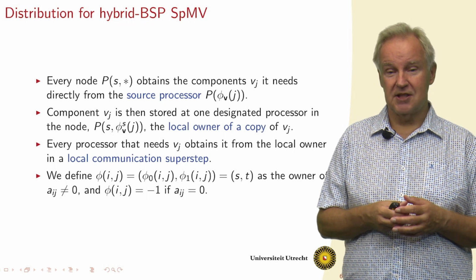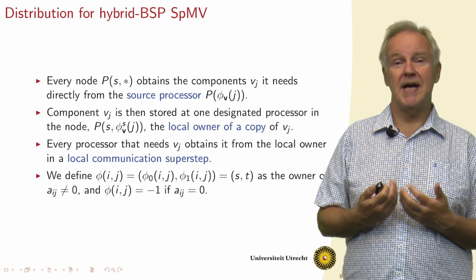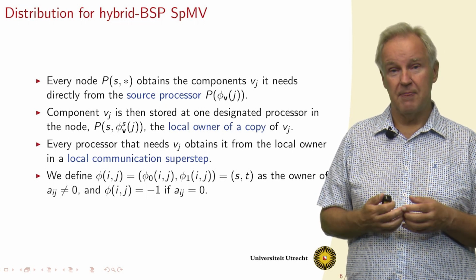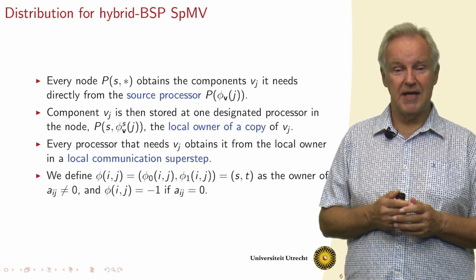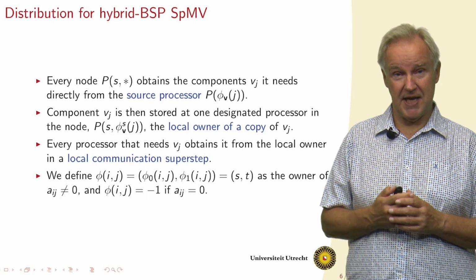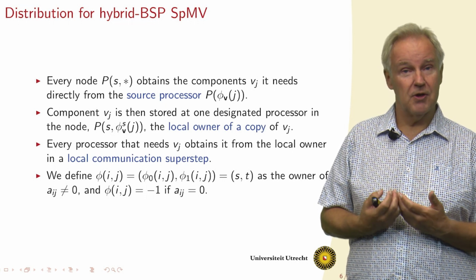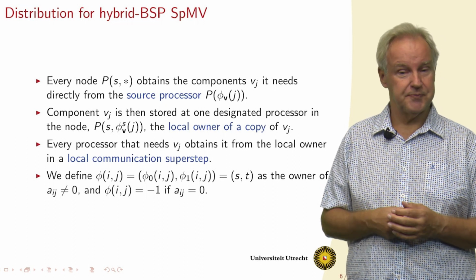So it gets it from the source, and then it stores it at one designated core of the node, and that core is numbered phi_v with a superscript s of j. So it's the owner of the local copy. You only do this if you need it.